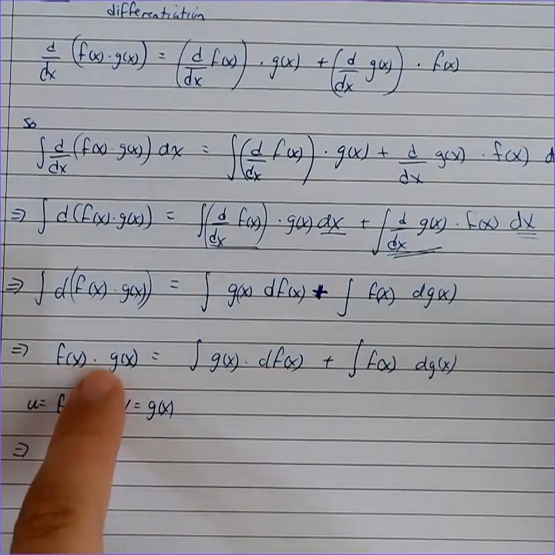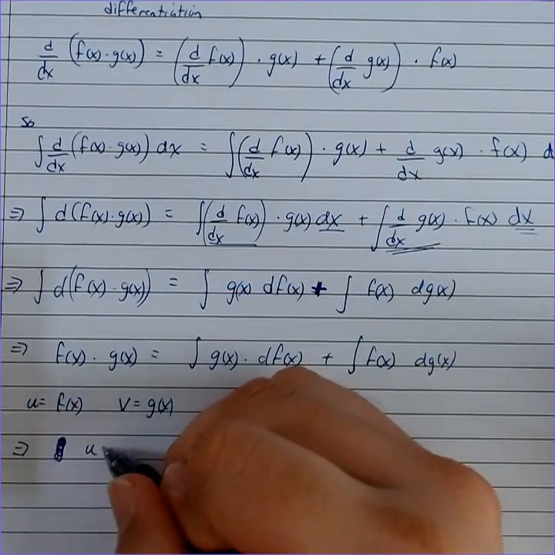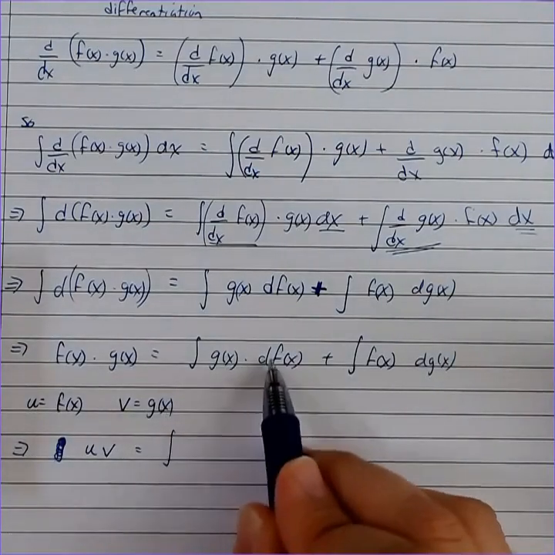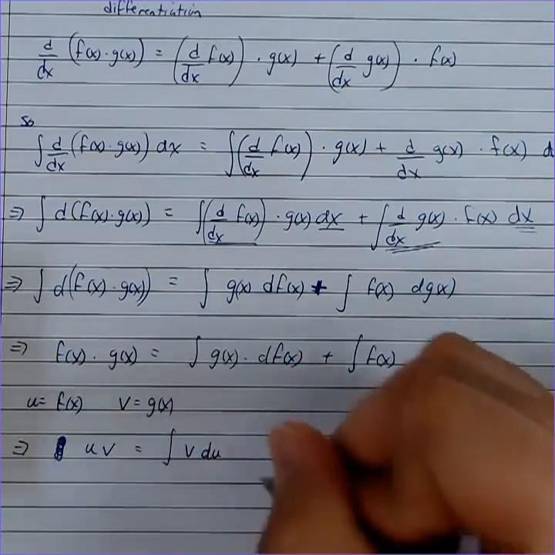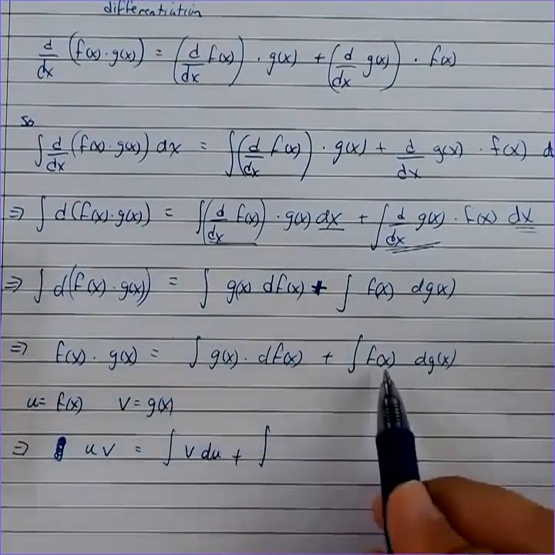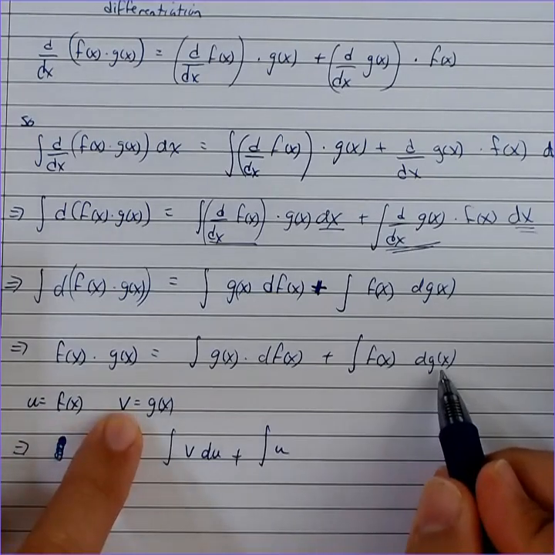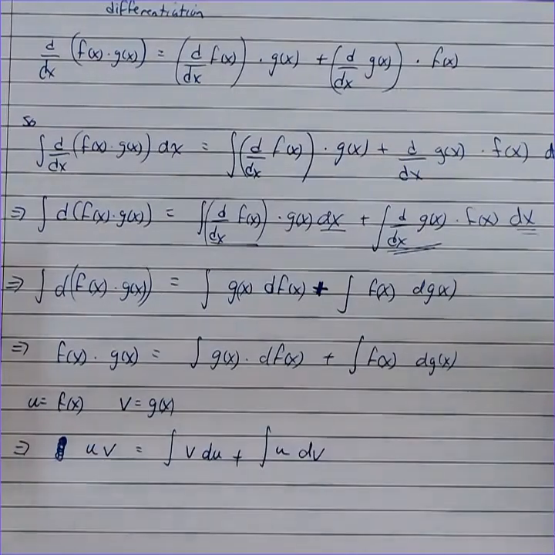So that's going to be u times v. Okay, so u times v is equal to the integral of v du, plus the integral of, again, that's your u, and then v is g of x, so that's dv, like that.